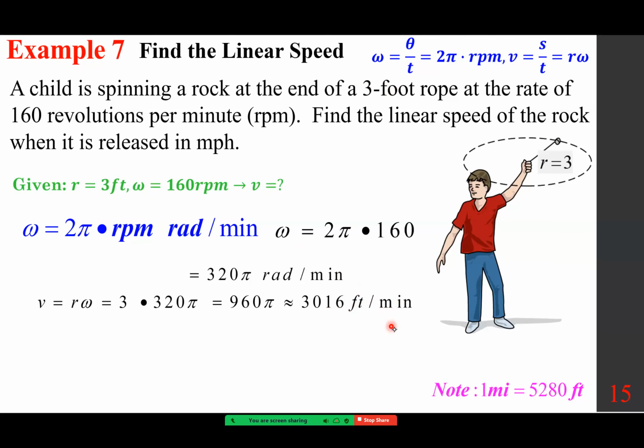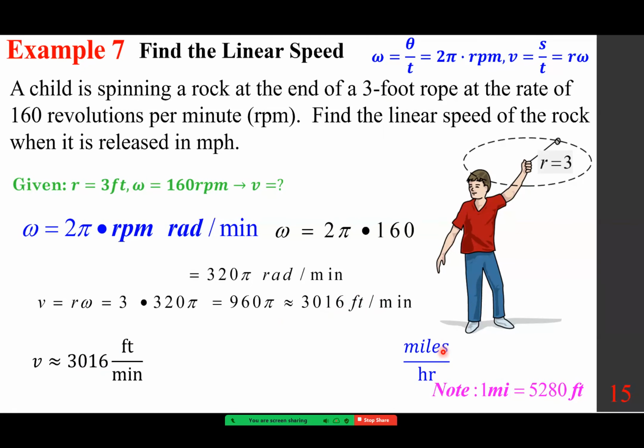Now, we want to go to miles per hour. So we're going to remind everybody that 1 mile is 5,280 feet, so we're going to change that accordingly. 1 hour is 60 minutes. 1 minute is 60 seconds, and so forth, if we have to make the adjustment. So for now, roughly 3016 feet per minute. We want to go to miles per hour accordingly.